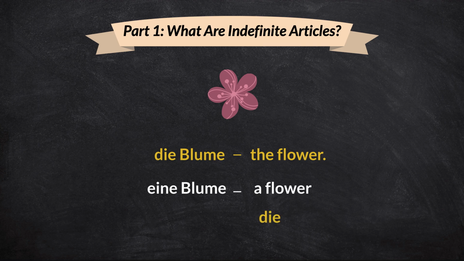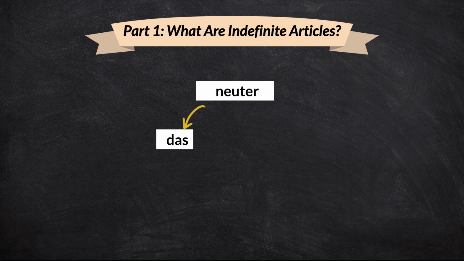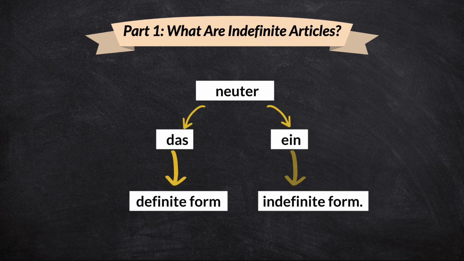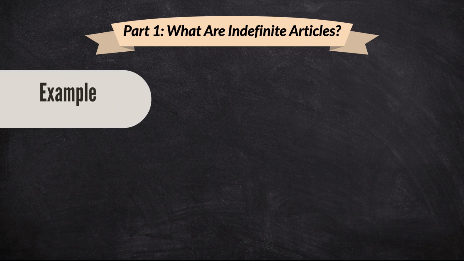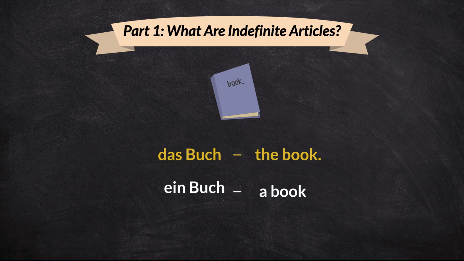So die becomes eine. And if the noun is neuter, it takes das in the definite form and ein in the indefinite form. For example, das Buch means the book. To say a book, we say ein Buch. So das also becomes ein.